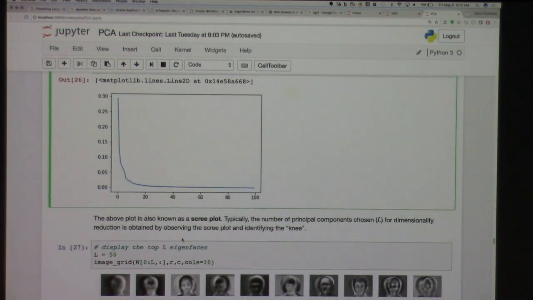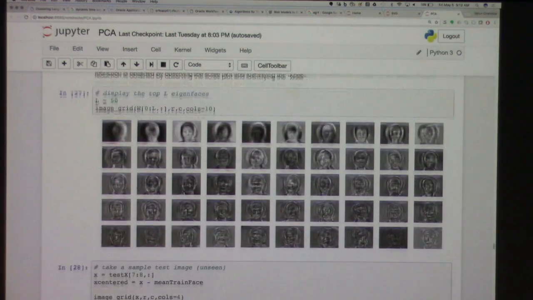Now I can take each principal component. Remember, what is the principal component? It is the eigenvector of your covariance matrix. Your covariance matrix was D by D, which is 77,000 by 77,000. So the first eigenvector will also be a vector of length 77,000, and then I can reshape it. If I reshape it, this is what it looks like.